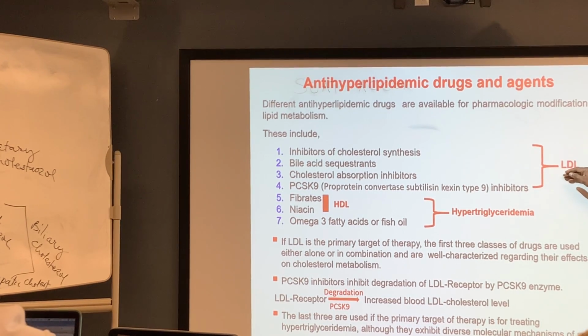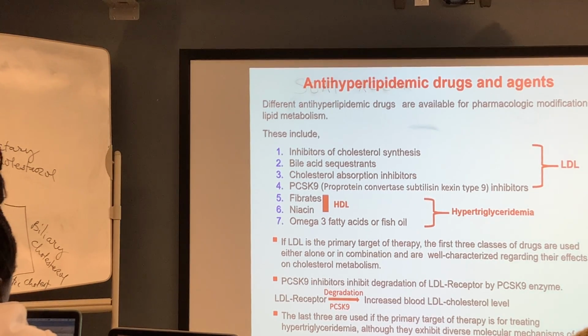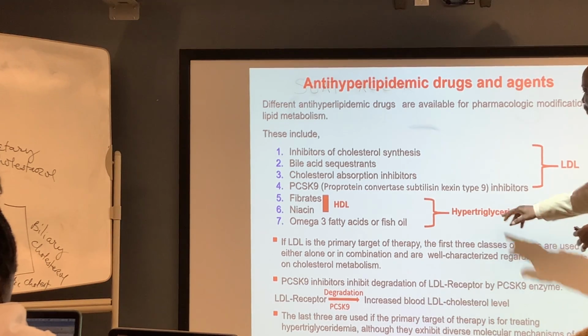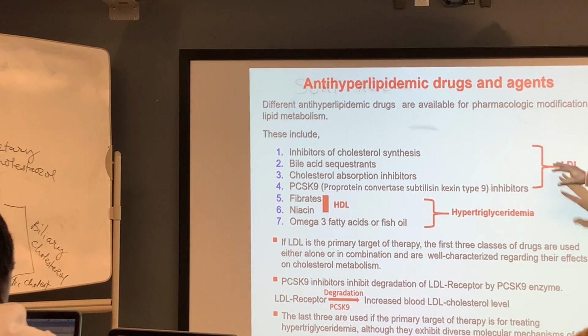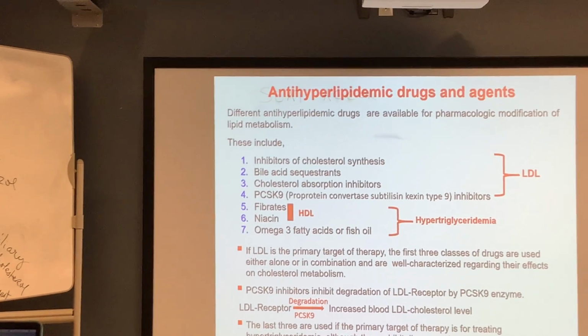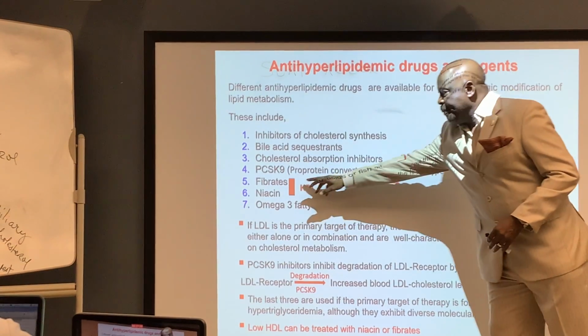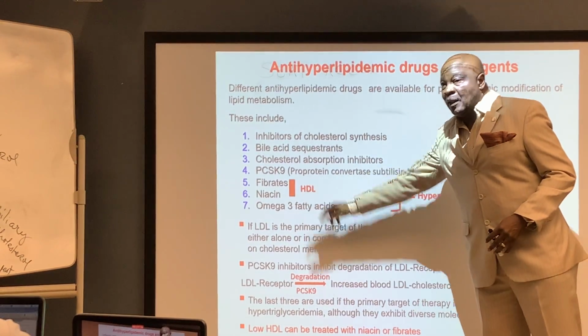So you might be seeing a 60% reduction in LDL, a 5% increase in HDL, and a 10% change in very low density lipoprotein or triglycerides. But this is where they target primarily. It doesn't mean they do not affect the other lipoproteins. That's the point.